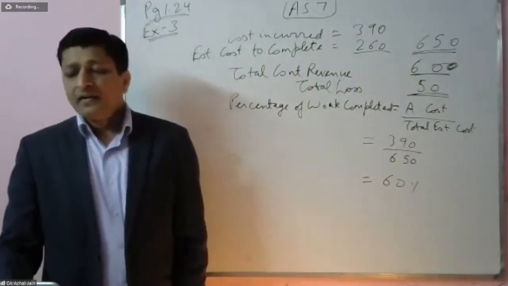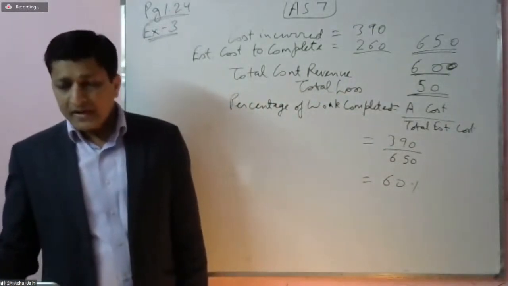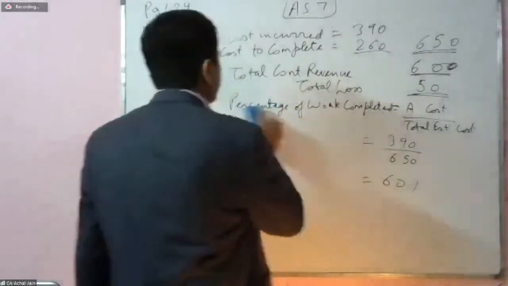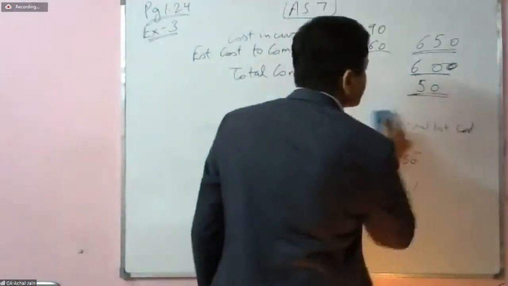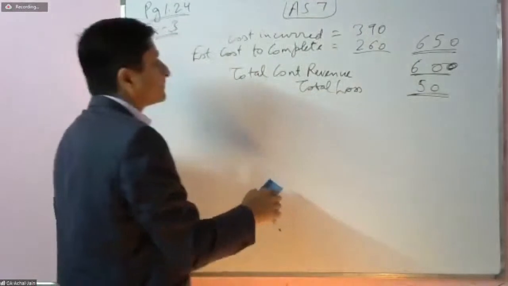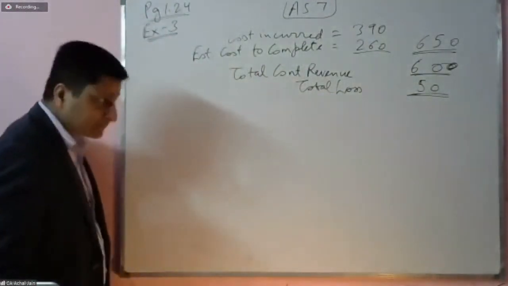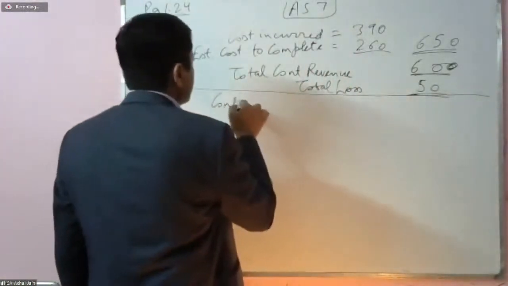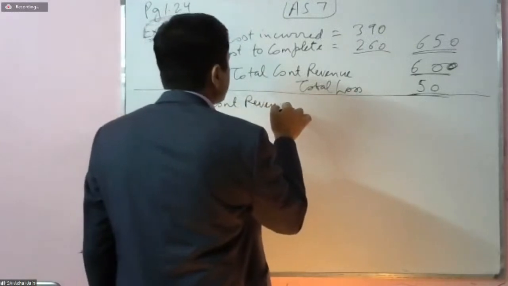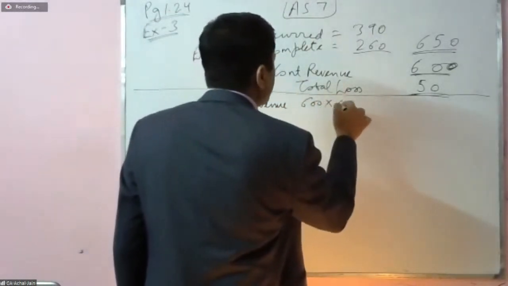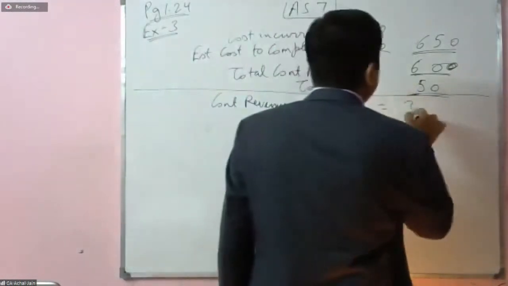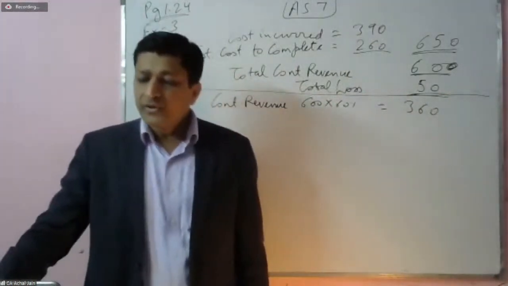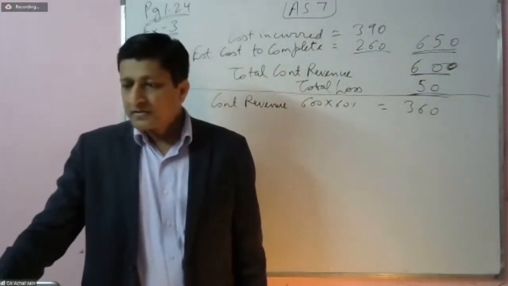In the current year, what is the amount of revenue we will recognize? Contract revenue will be 600 into 60%. So that will be 360. So 360 will be the amount of revenue that we recognize.